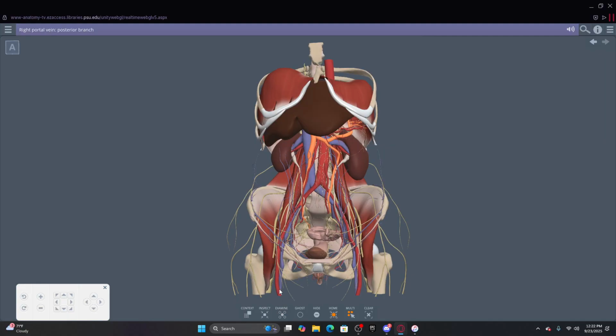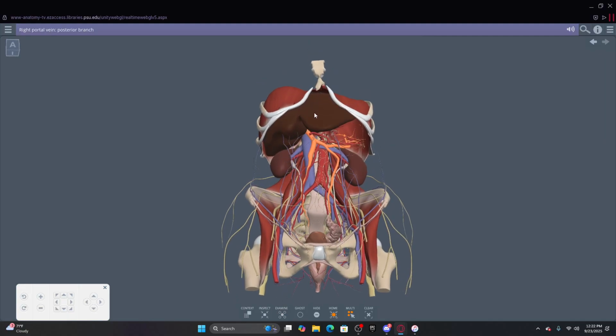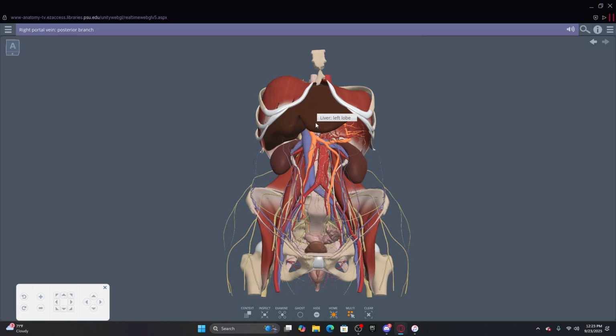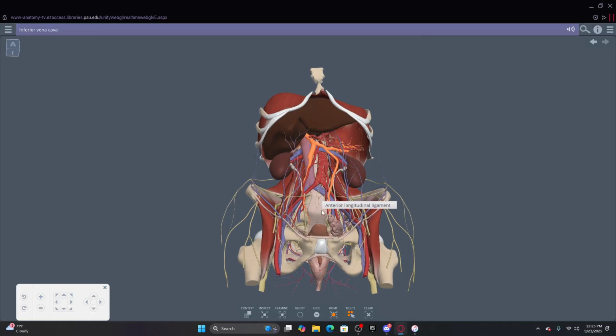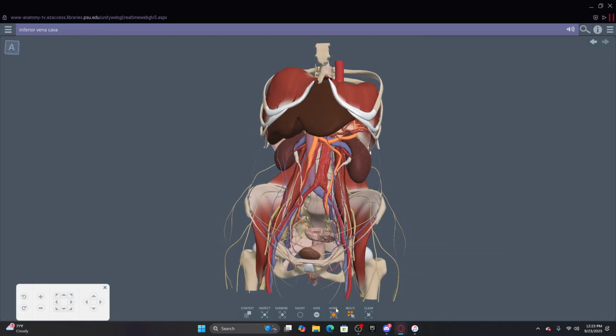Once that blood is filtered, that blood goes directly back into the IVC via the hepatic veins. So blood comes from the inferior mesenteric, superior mesenteric, and splenic veins, going into the hepatic portal vein, and then the hepatic portal vein is draining into the liver, and our liver does all of those processes, and then that blood is draining back into the hepatic veins, which are going into the IVC.